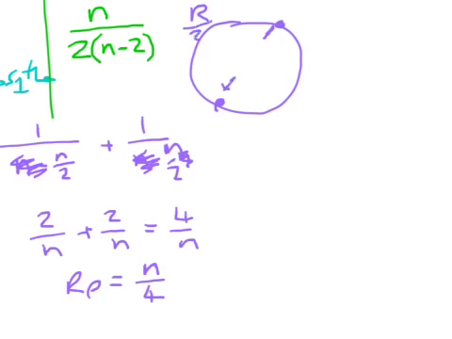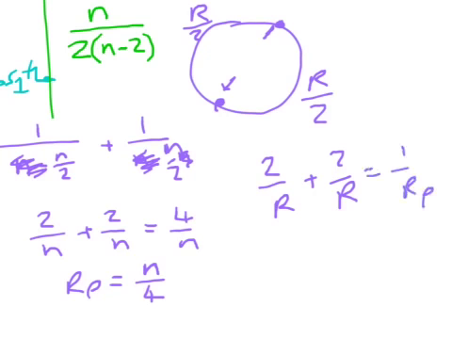So we'll have R over 2 there, and we'll have R over 2 there, and we can add those by taking the inverses. So 2 over R plus 2 over R equals 1 over Rp, and so that's 4 over R, which means it'll go to R over 4 as the resistance in parallel.